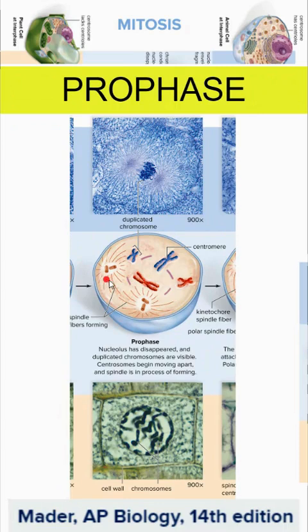As we get into prophase, we don't have a nucleolus anymore, which was generating ribosomes. So the nucleolus is gone. You can see the duplicated sister chromatids together. The centrioles or the centrosomes are starting to migrate towards the poles, and they're starting to send out spindle fibers.